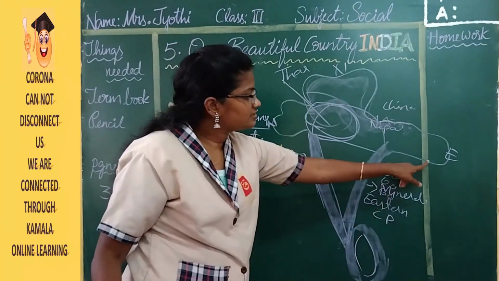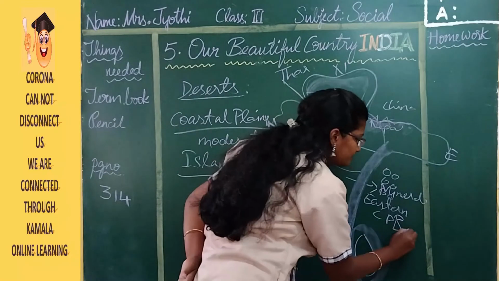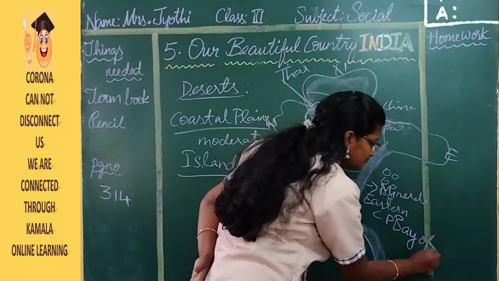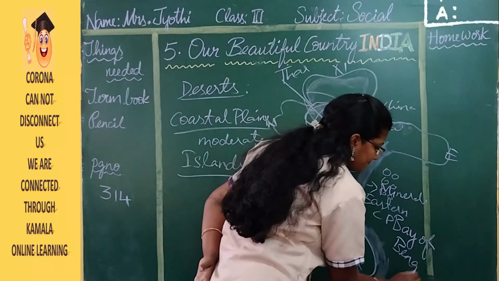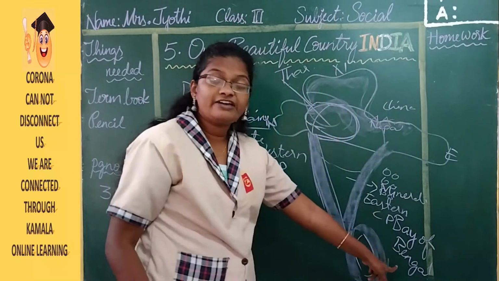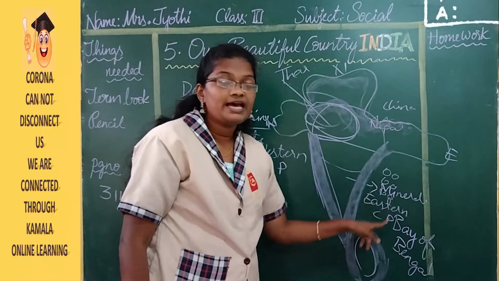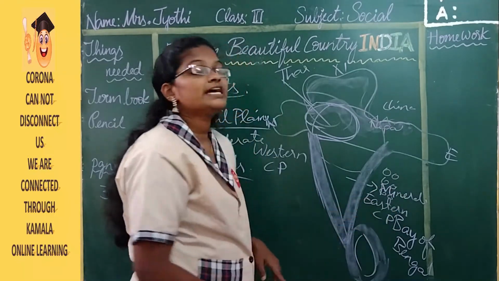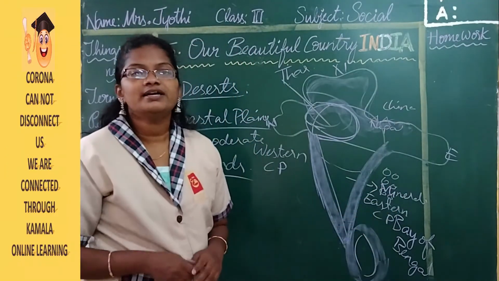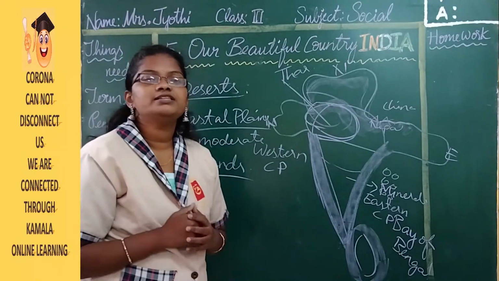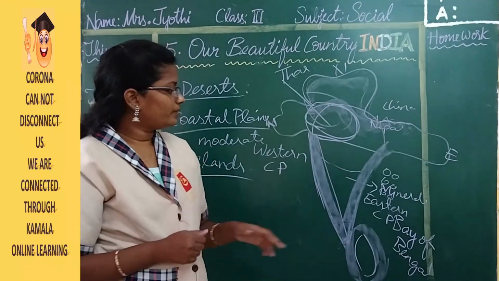So towards the eastern side we have the Bay of Bengal, and these islands we call the Andaman and Nicobar Islands.